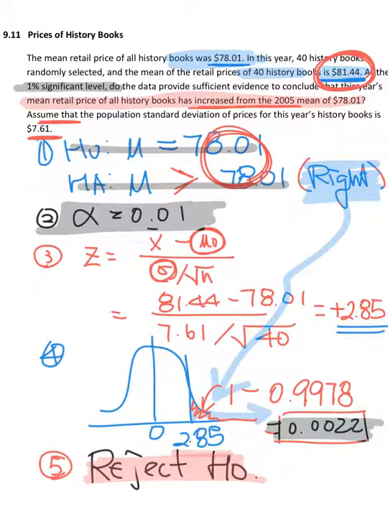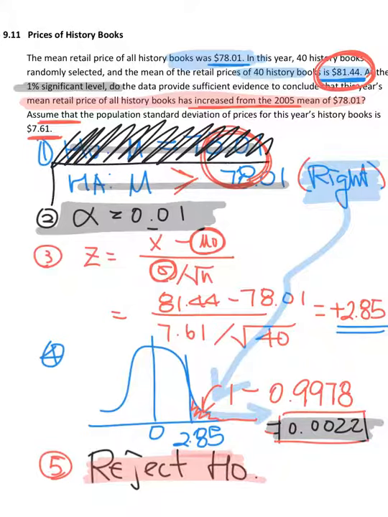When we reject the null, which one should I take? The alternative, thank you.